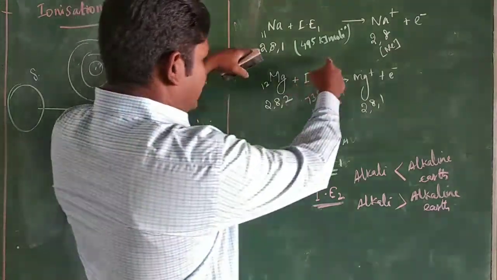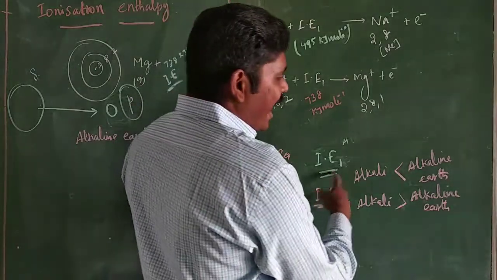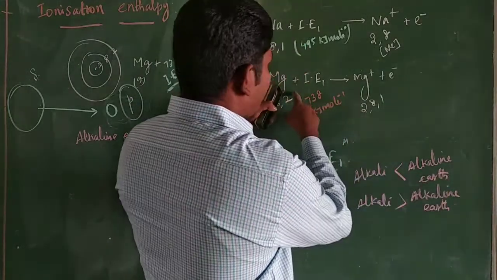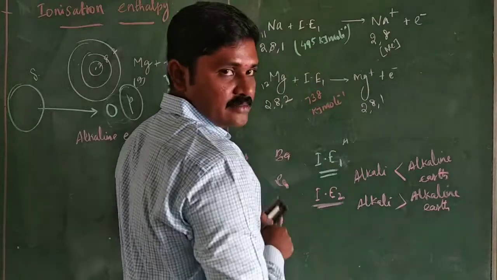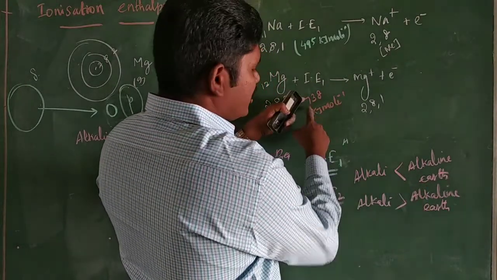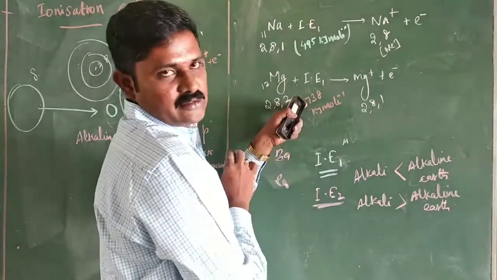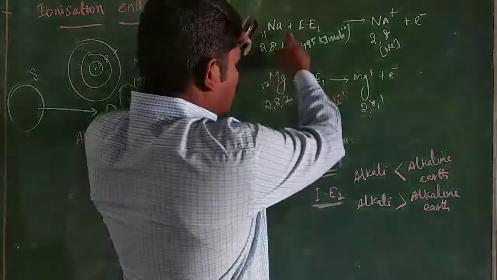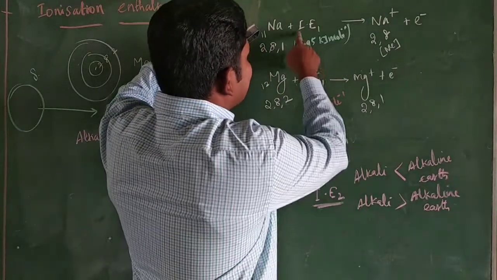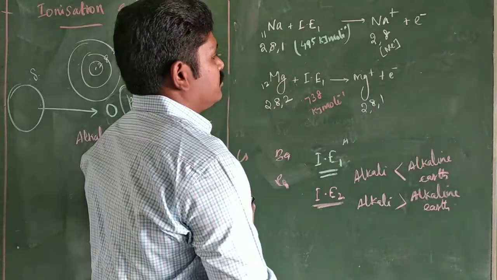The first ionization energy of magnesium is 738 kilojoule per mole. The first ionization energy is higher in alkaline earth metals than alkali metals. Magnesium is an alkaline earth metal with 738 kilojoule per mole, while in sodium, an alkali metal, it is 495 kilojoule per mole.